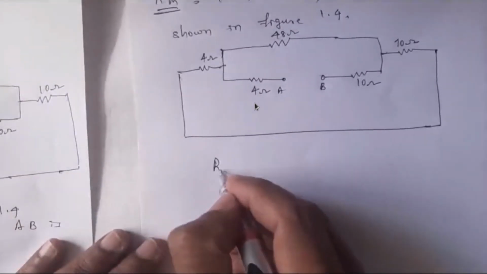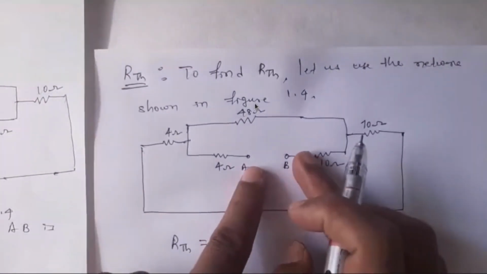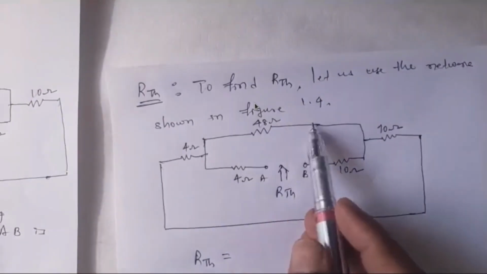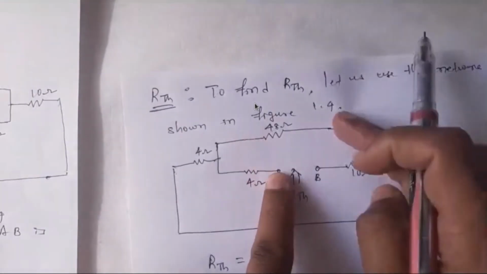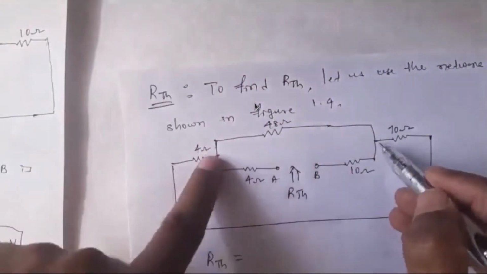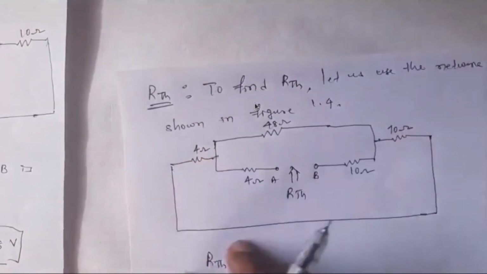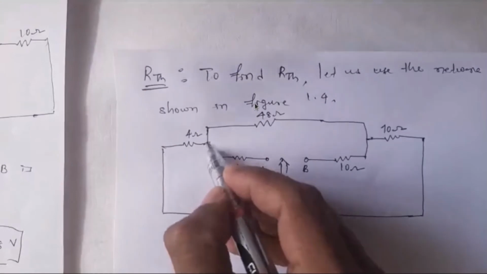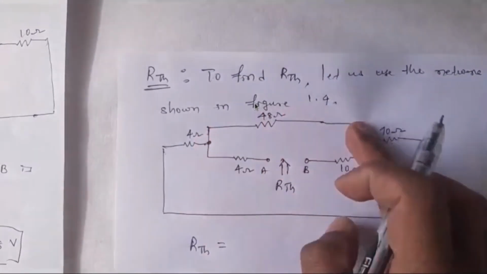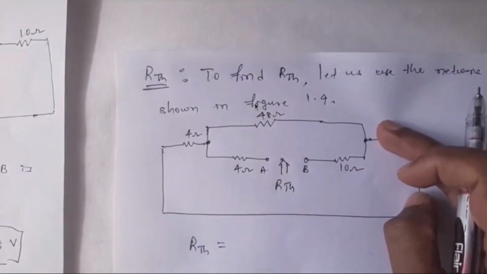Now RTH is a resistance between these two, looking at this. If you see here, this 48 ohm is in parallel with 10 ohm plus 4 ohm. I think you can see, dear students, these 2 points. This 48 ohm is in parallel with this 4 plus this 10.